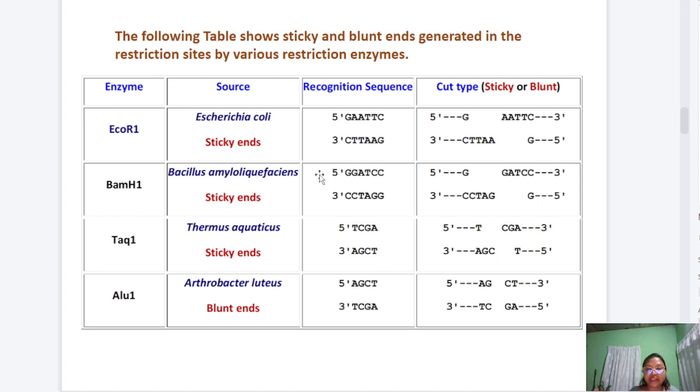The recognition site is 4 base pairs, and it also produces a sticky end. Whereas the last one, that is AluI, is isolated from Arthrobacter luteus. Its recognition site is also of 4 base pairs, and it produces blunt ends.